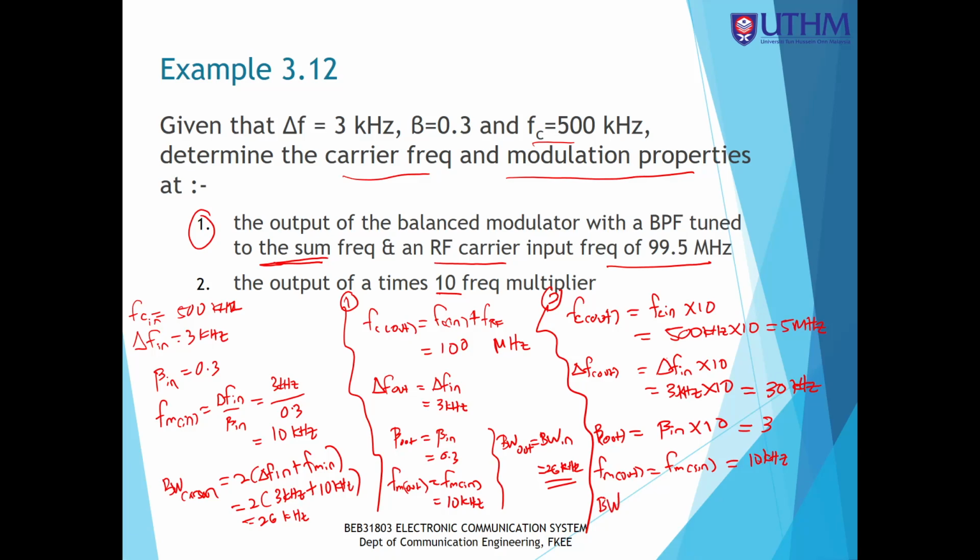Bandwidth out uses the new value: 2 times delta F out plus Fm out.